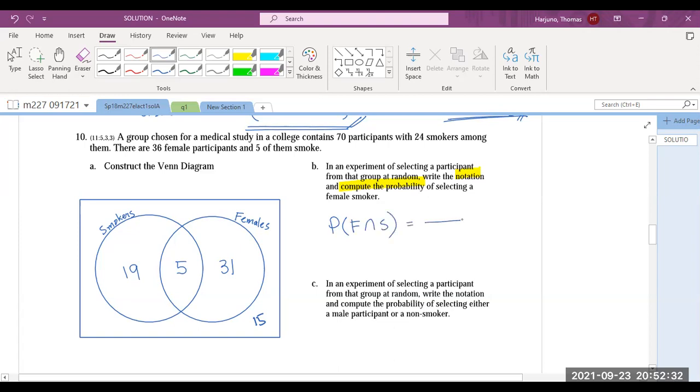How many female and smokers are in that group? Not female or smoker, I'm talking about a female who smokes. 5. Out of how many? Out of, would it be 70? That's correct.